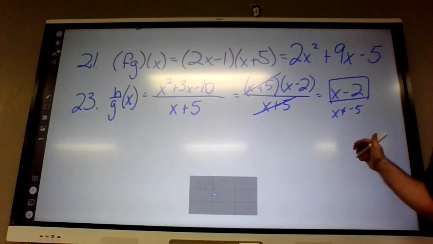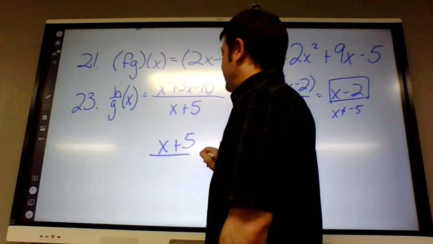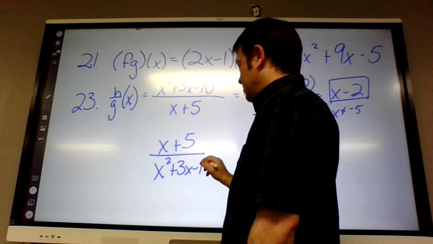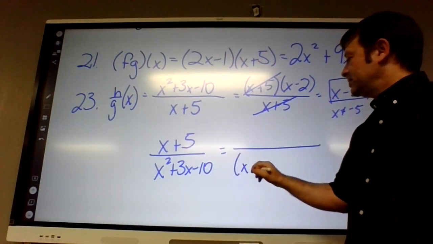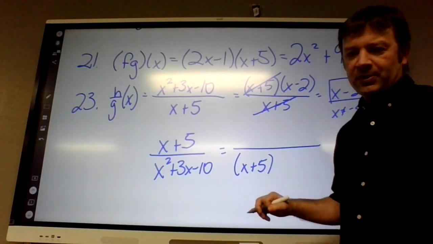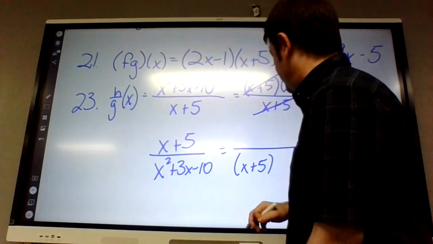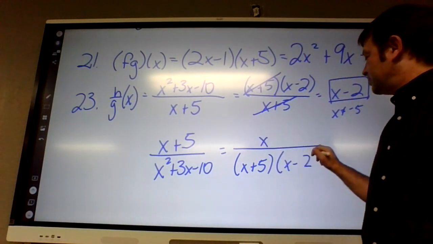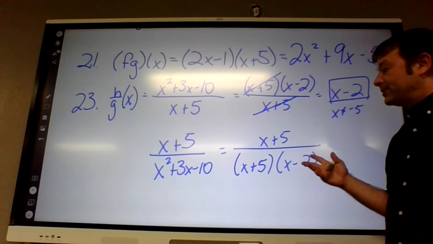Okay, here's a question. This applies to number 24. What if it had been g divided by h, like upside down? Okay, it still factors the same. I hope this is not 24 actually, is it? Oh, it is. Yeah, it's okay. It factors the same, but what's going to happen?